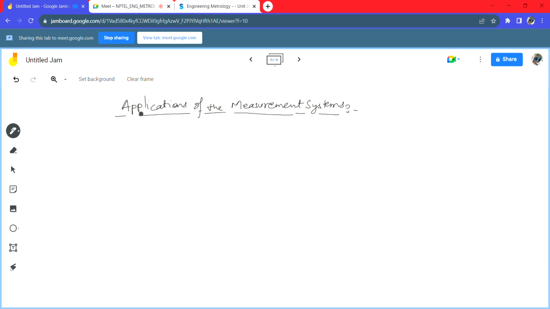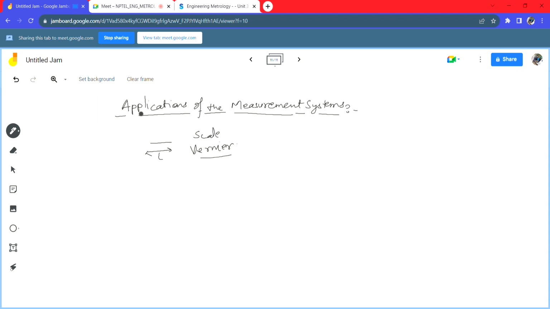Because if you have to measure a length L, the most common device that you know is a scale. If it is a very scientific length that you measure, you would go with something called a vernier.